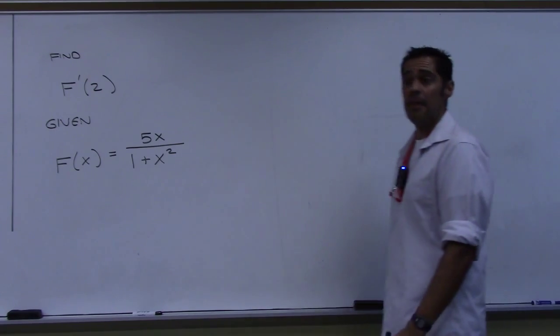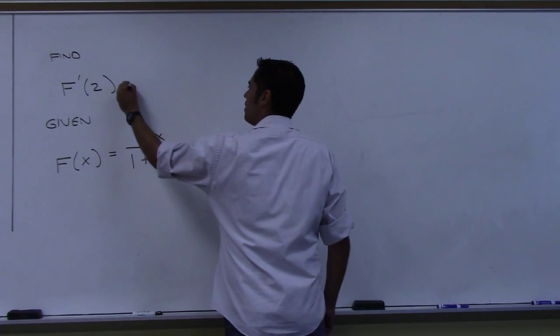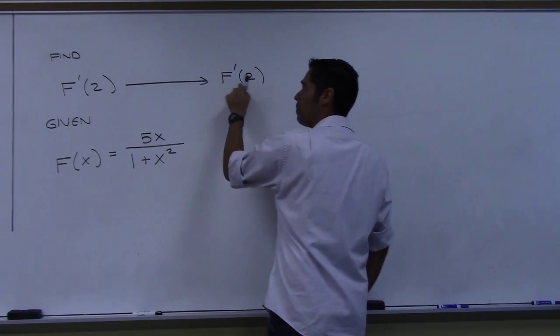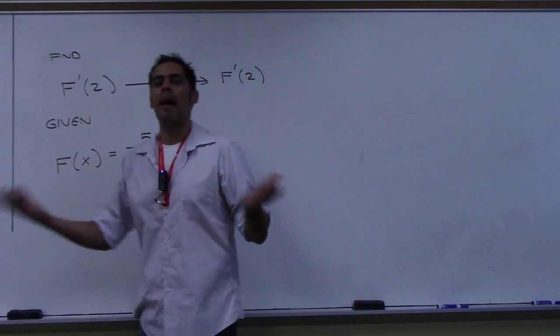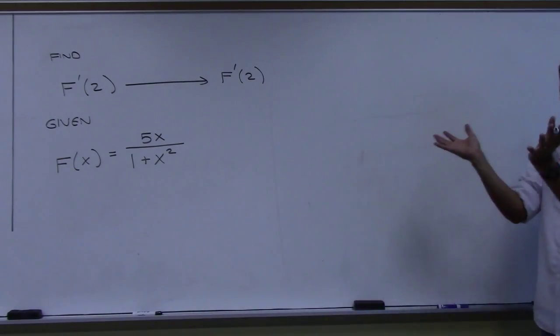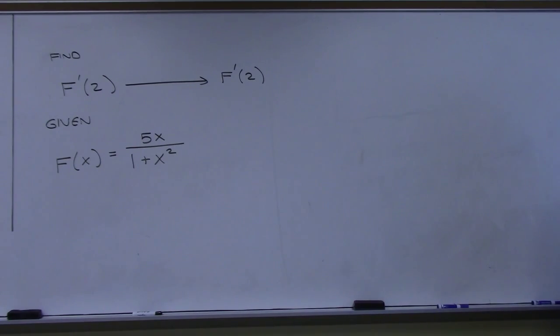So by the definition, F prime of 2, capital F prime of 2, this function is called capital F instead of little f, all right? It could be g, it could be h, doesn't matter, it's just a generic function. I want the derivative of it.